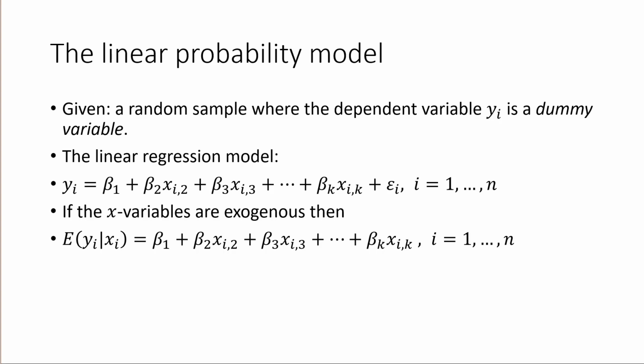Now, one of the important properties of a model where the dependent variable is a dummy variable is the following. It turns out that we can actually write the conditional expectation as a conditional probability in this case. So let's see how that is done. Let's consider a generic observation, skipping the i index.